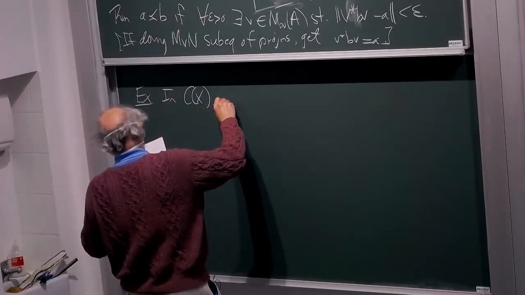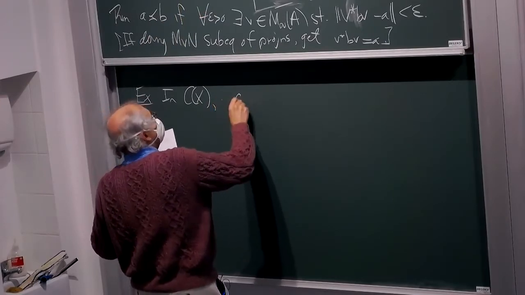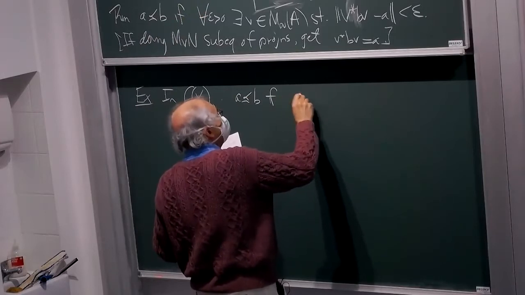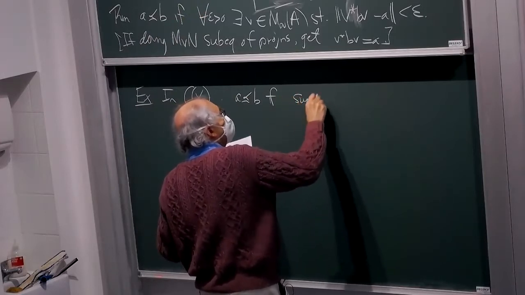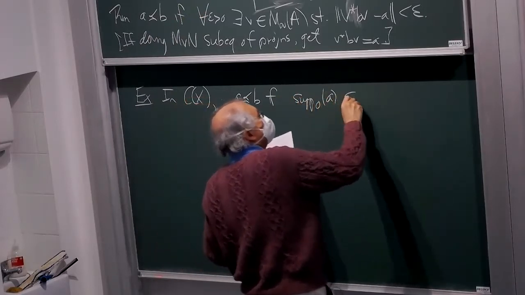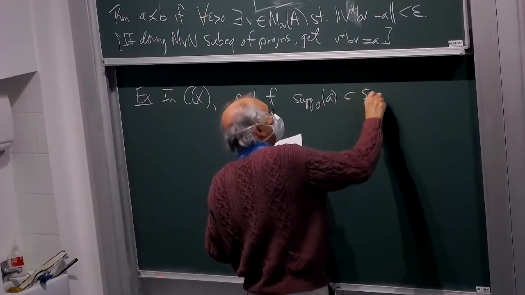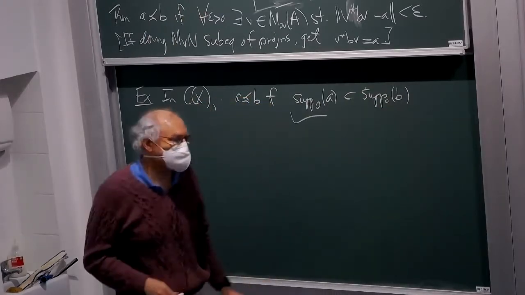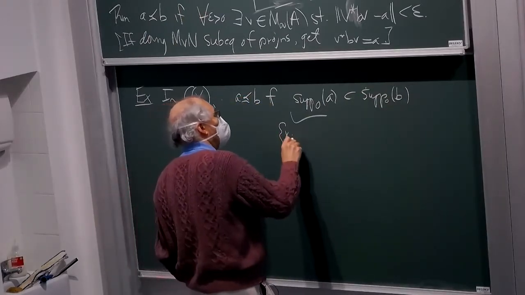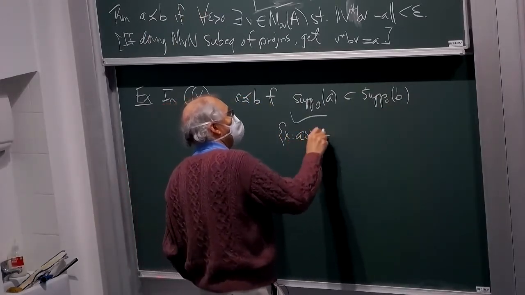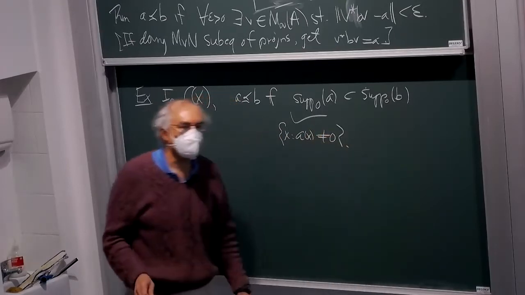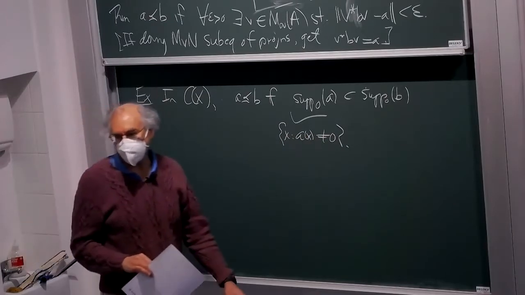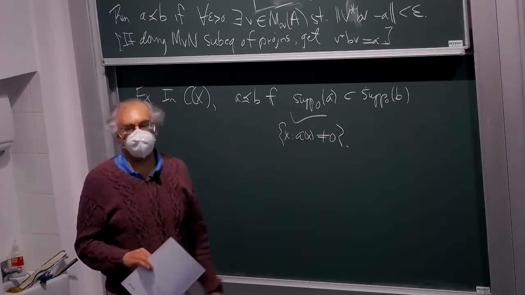Let's say I still call them A and B. A is Kunz subequivalent to B if the open support of A is contained in the open support of B. And what is this? This is the set of places X where A of X is not 0. You can't call this the support because that already has a standard meaning, which is the closure of this set.